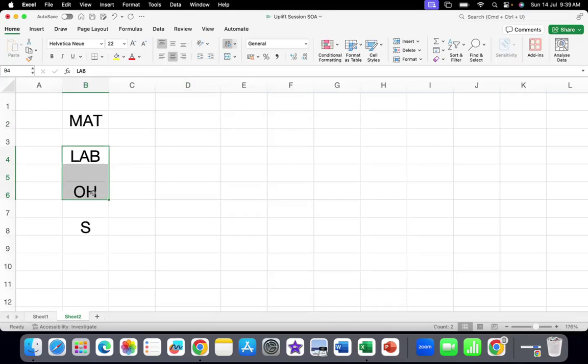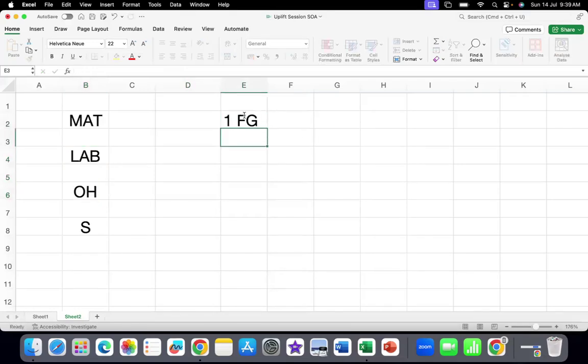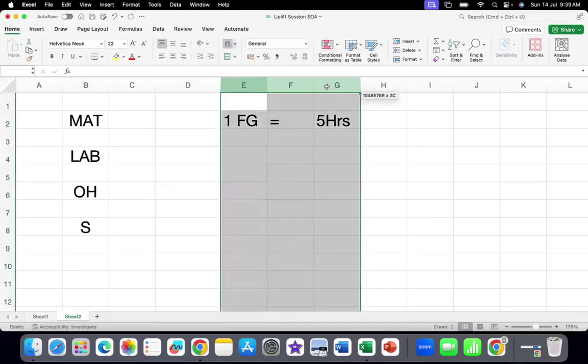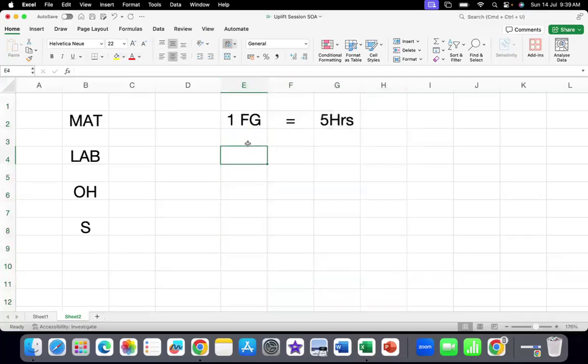If a unit requires 5 hours, this ratio would always be the same, and it doesn't matter whether you're calculating a labor variance, a variable overhead variance, or a fixed overhead variance.